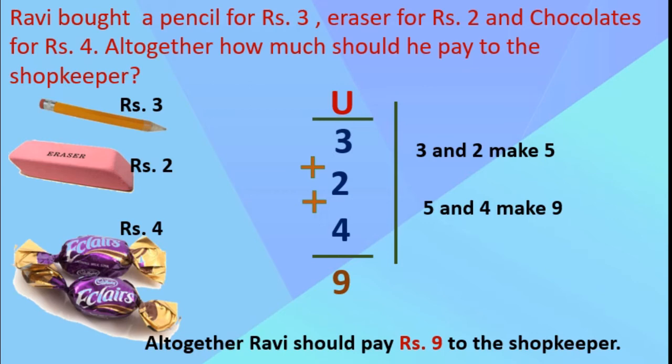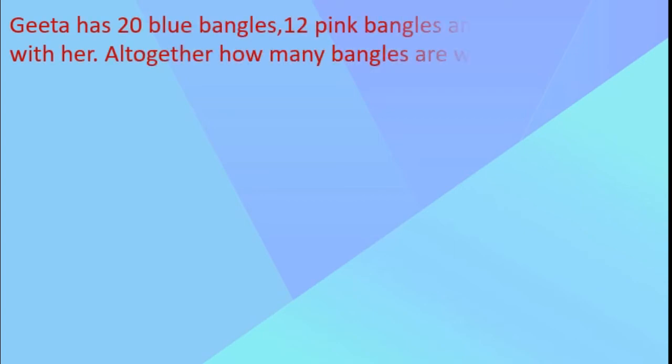Okay, one more sum we will do like this. Yes, one girl is there in your class. Her name is Geeta. She is fond of bangles. She has so many bangles with her in her cupboard. We will see how many bangles she has. Now first we will read the sum.